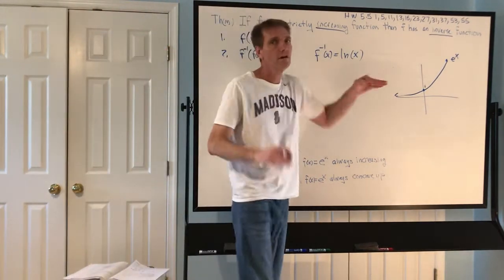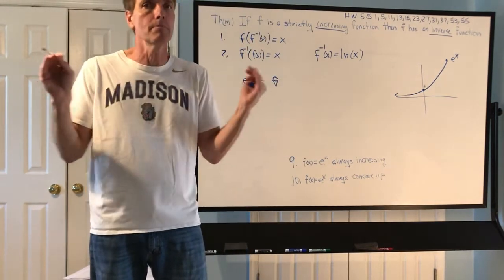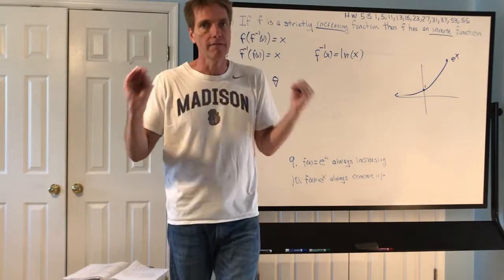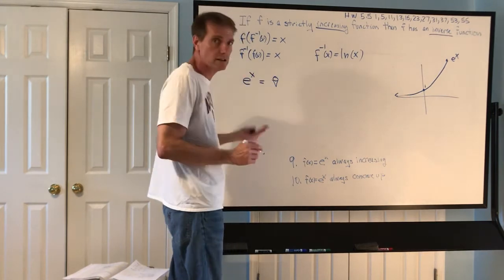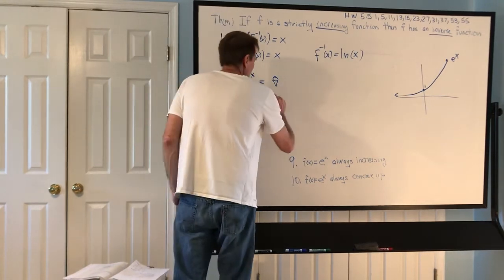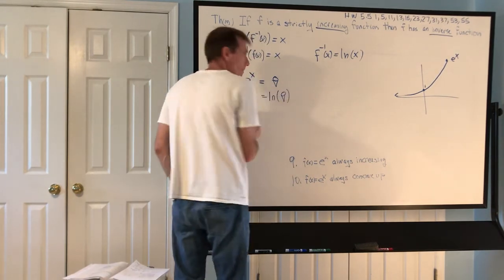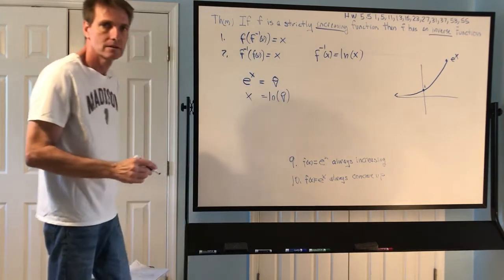The natural log function that you learned about in high school, but you probably didn't pick up on, is the inverse function of e to the x. So if e sends x to ice cream cone, the natural log is going to send ice cream cone back to x.